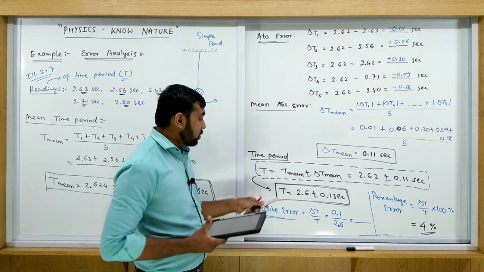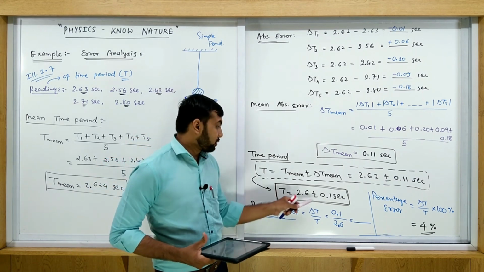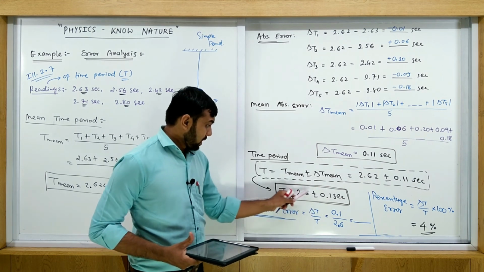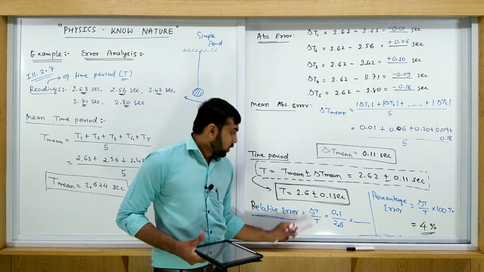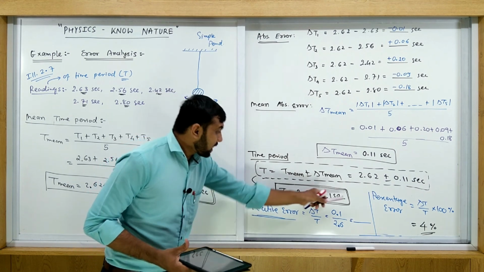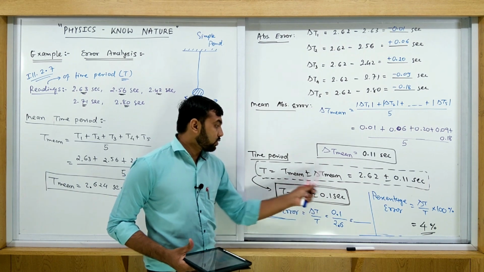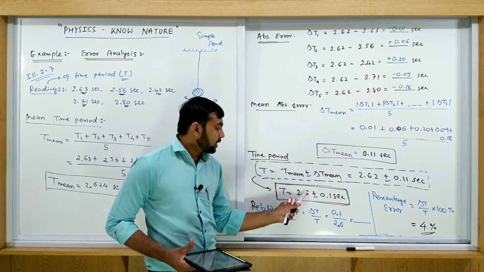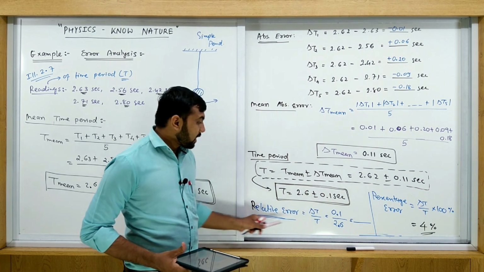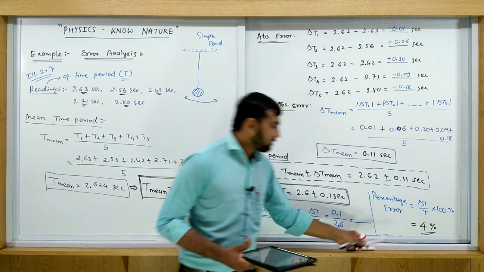ओके, फिर से बोल रहा हूँ, इसमें डेल्टा टी क्या है और टी क्या है, मतलब जो भी आपको टी का आंसर मिला है उसमें प्लस और माइनस के बाद जो है उसको डेल्टा टी बोलना है, और प्लस और माइनस के पहले जो है उसको टी बोलना है. ये टी की रिप्रेजेंटेशन की मेथड है. एरर में हम इस तरह से उसको लिखते हैं, उसमें जो भी फर्स्ट टर्म होता है उसको टी बोलते हैं और सेकंड टर्म होता है उसको डेल्टा टी बोलते हैं. ठीक है, तो रिलेटिव एरर का इक्वेशन है, परसेंटेज एरर का इक्वेशन है, तो दोनों में वैल्यू पुट करके आप इसका आंसर फाइंड कर सकते हो.